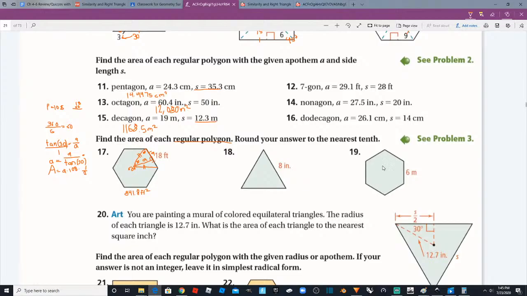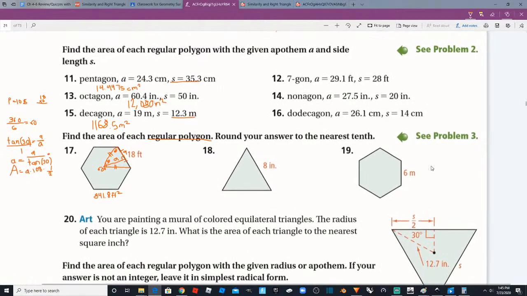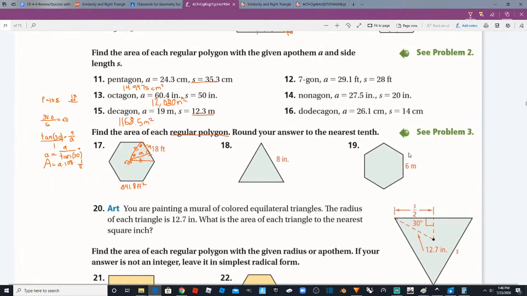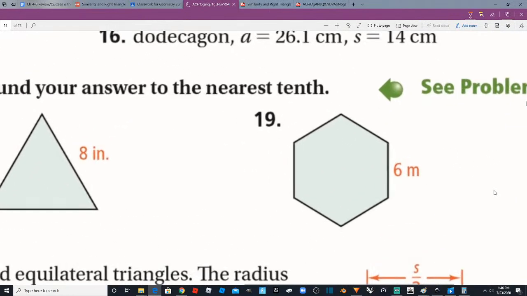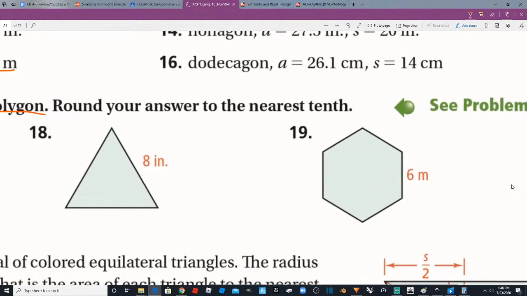Okay, so round our answer, we're gonna go to number 19. Okay, number 19, it's a similar situation, and we want to try to solve for the area of this polygon.